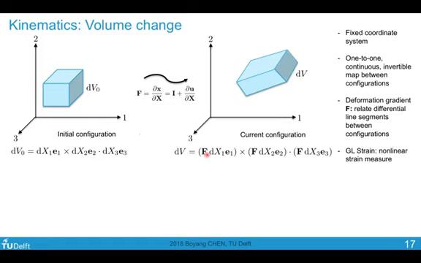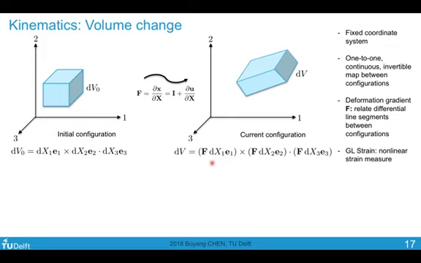Deformation gradient times d capital X1 would give me d small x1. So this is directly the form that we want, so that we can express dv, which is the same volume in the current configuration, as a function of the deformation gradient and the vectors in the initial configuration.